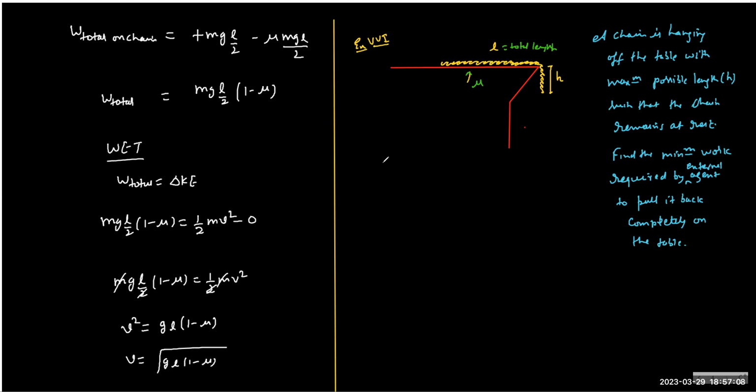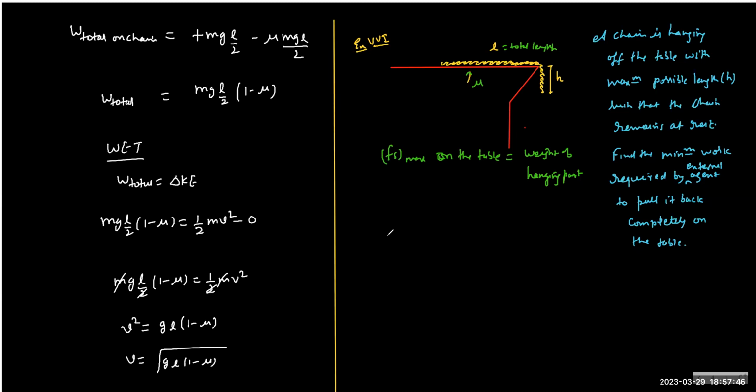So the Fs max on the table must be equal to the weight of the hanging part. The chain on the table experiences the maximum limiting friction and the weight is trying to pull it down, and both are balancing. Any slightest movement to the right will let the chain fall.